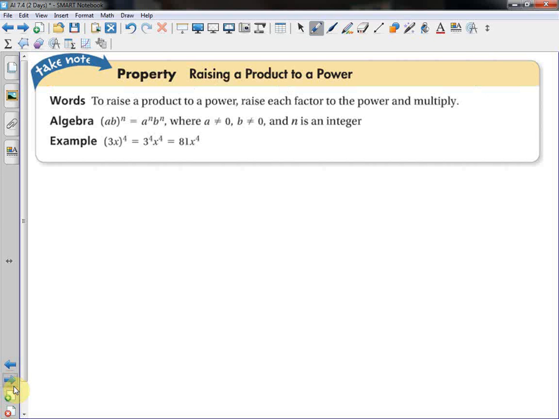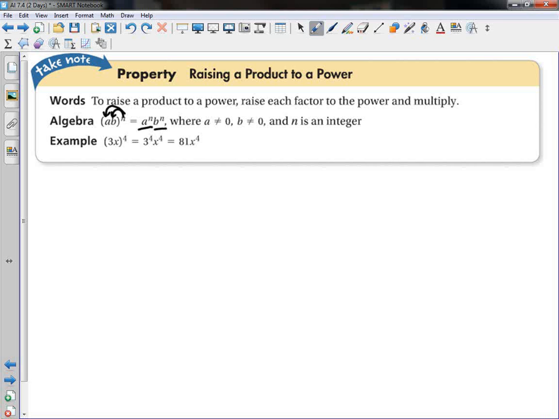All right, so if we raise a product to a power, we need to take that exponent and raise it to each inside part. Now this is one that I kind of call the distributive property because what's on the outside, so like this n here, goes to the a to make a to the nth power, and it goes to b to get b to the nth power.